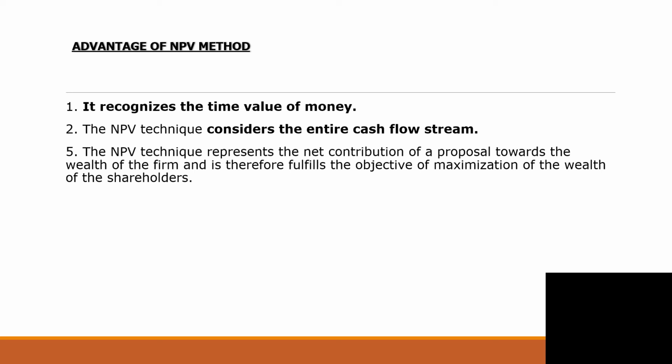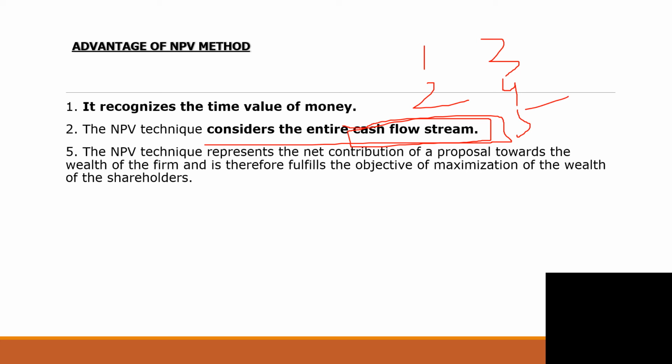Further, the NPV technique considers all the cash flows in the cash flow stream, which means year 1, 2, 3, 4, 5, and year 0. Year 0 is the outflow, which is a minus term; these are positive terms. In our last example, we calculated the present value of all the cash flows. It doesn't ignore any particular year's cash flows.